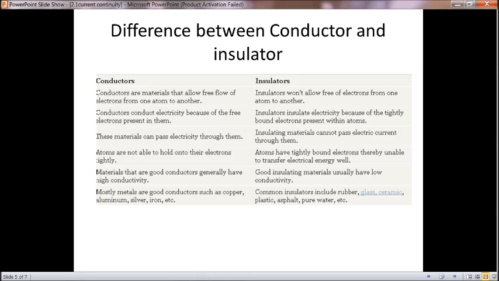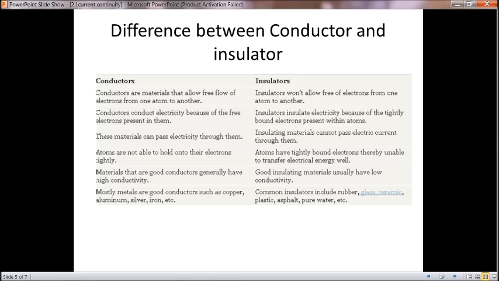The differences between conductor and insulator are: conductors are materials that allow free flow of electrons from one atom to another. Insulators won't allow free flow of electrons from one atom to another. Conductors conduct electricity because of the free electrons present in them. Insulators insulate electricity because of the tightly bound electrons within atoms. Conducting materials can pass electricity through them; insulating materials cannot.